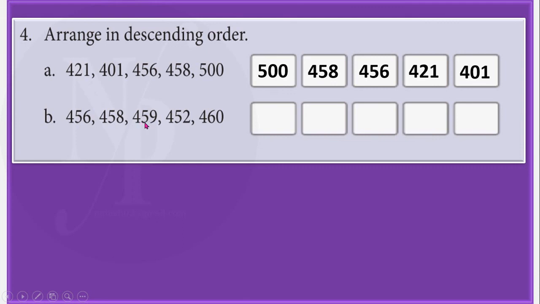So this is greater now, and comparing this with 452, 459 is greater than 452, and comparing 459 and 460, we find that 460 is greater than 459. So therefore 460 is the greatest among all the given numbers here in B. Therefore first we should write 460.